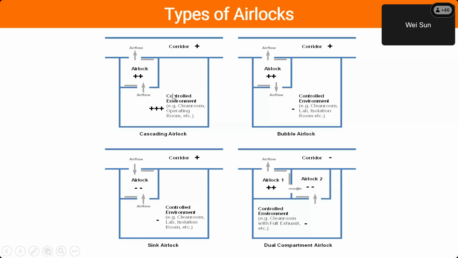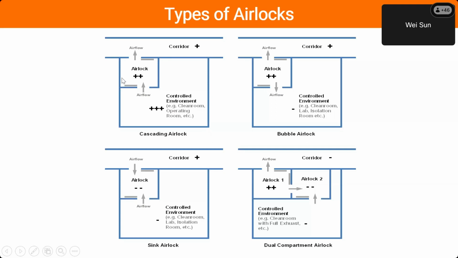So in other words, if you have 60 air changes per hour in the airlock, once you open the first door, because you lost the delta P across the airlock door, contaminants in the hallway could migrate into the airlock. So when you close the airlock door, the contaminant is already inside the airlock. But you cannot open the second door.